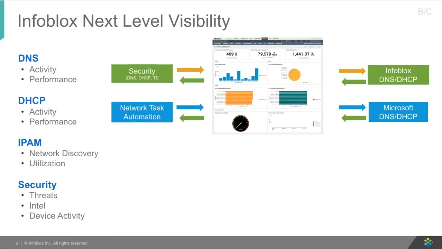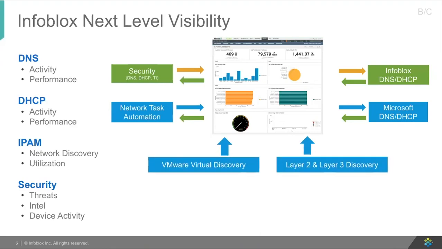And then the network task automation, as I mentioned previously: provisioning networks, the status of provisioning a network, who has the rights to provision the networks, and how many IP addresses are available. In addition, another key element of IP address management is discovering devices. We work very closely with hypervisors on the market, whether it's VMware, Microsoft or OpenStack.